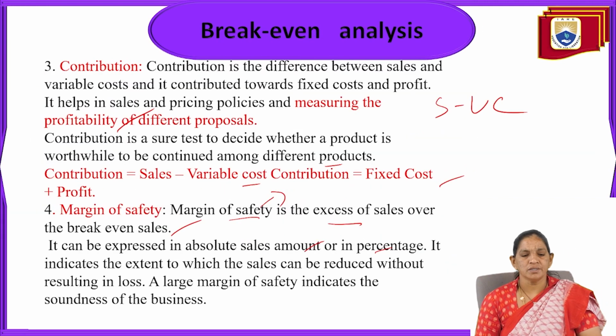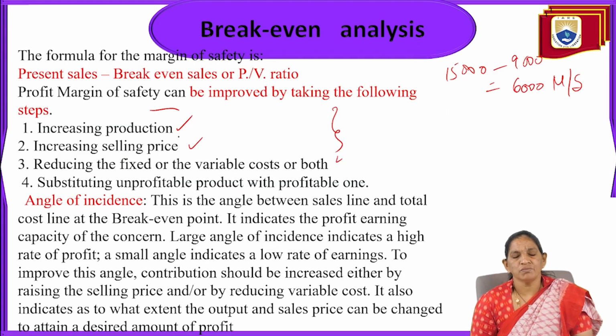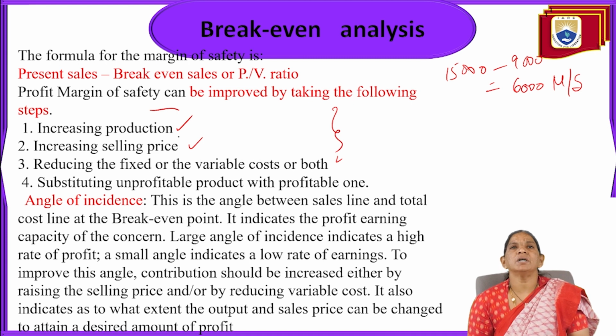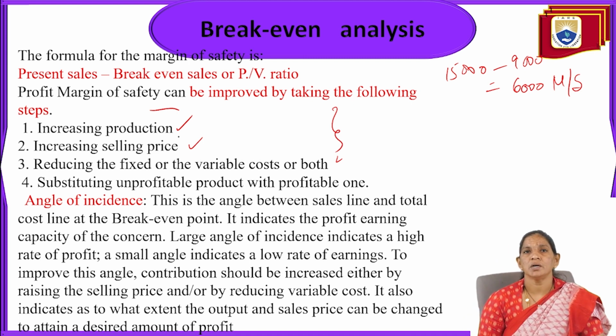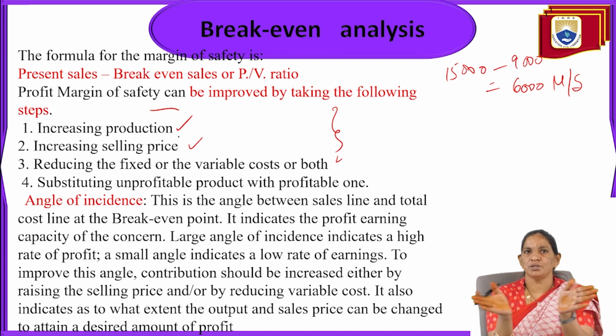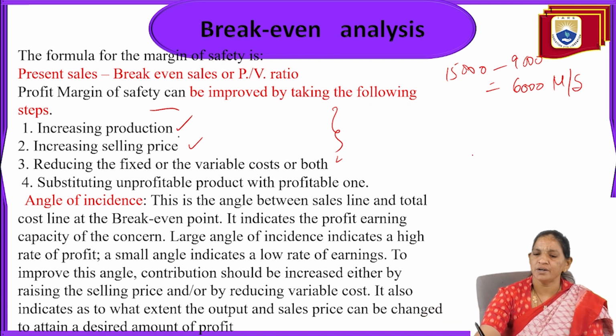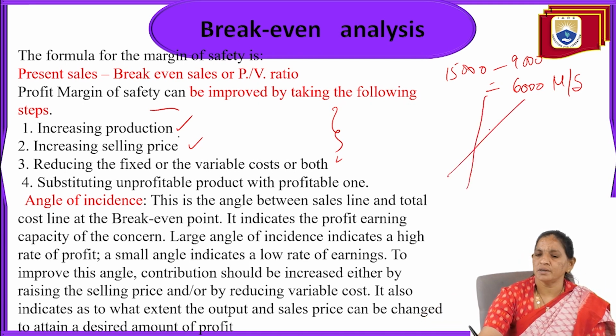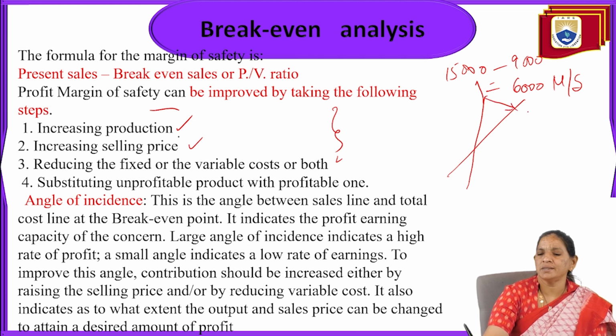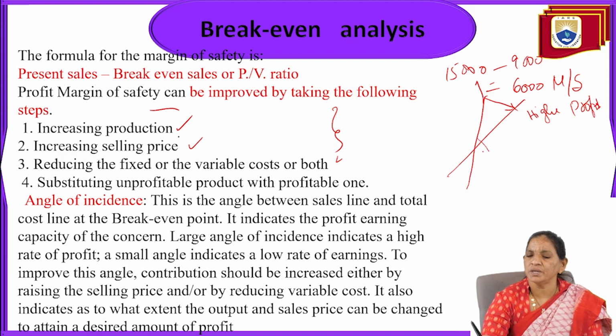The angle of incidence is the point where the profit earning capacity of the organization shows; when the angle becomes large, as we have seen with these 2 rays, the extension is more and the gap is more, meaning higher profits. When the gap is less, the organization is getting lower profits.